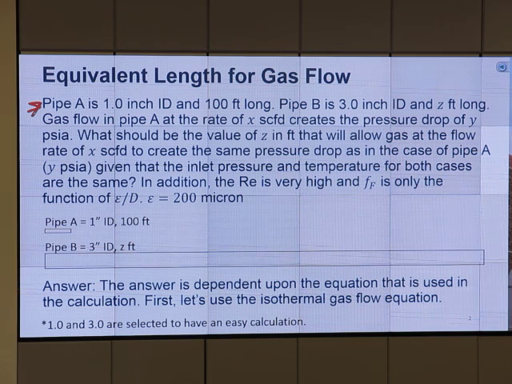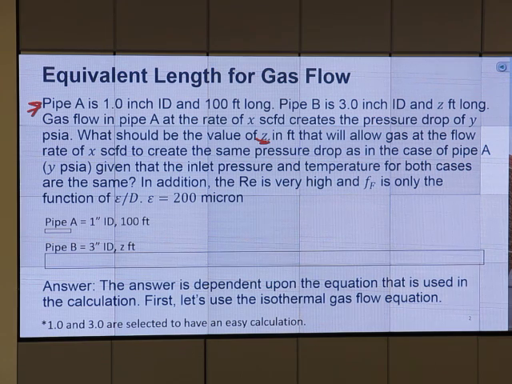Gas flow in pipe A at a rate of X standard cubic feet per day creates the pressure drop of Y psi. What should be the value of Z in feet that will allow the gas at a flow rate of X standard cubic feet per day to create the same pressure drop as in the case of pipe A, given that the inlet pressure and temperature for both cases are the same.